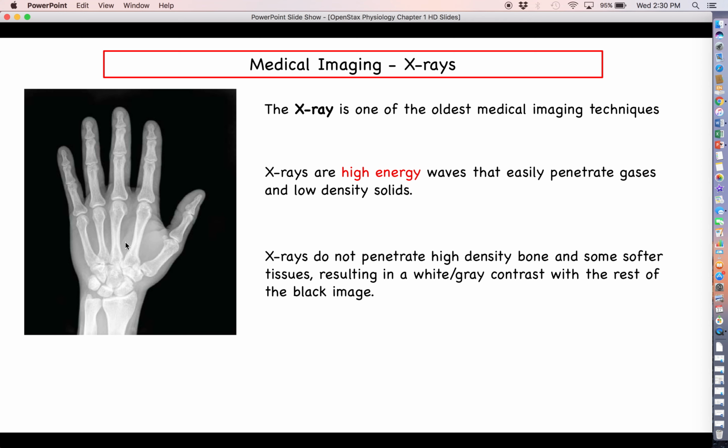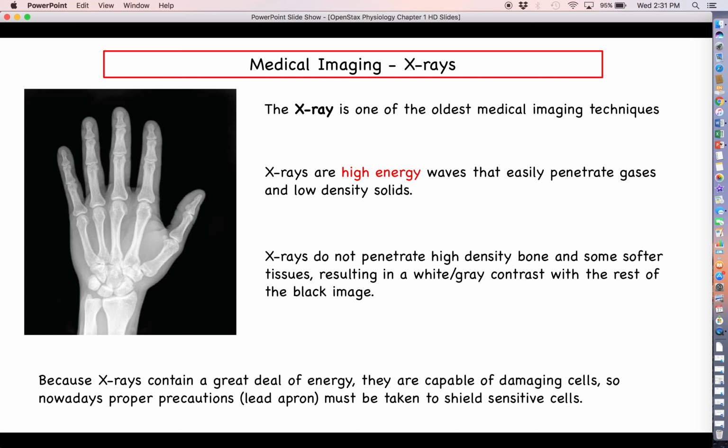So in this case, the X-rays passed through a lot of the softer tissue in the hand, but they did not pass through the bone quite well, so you see less exposure here for the bony parts and more exposure for the other parts. So you get a nice contrast there, so you can get a good visual detail on bone.